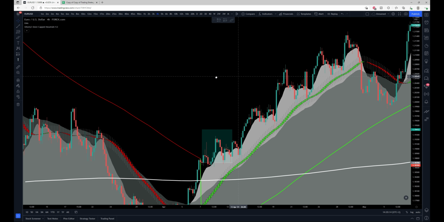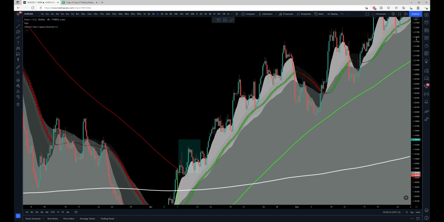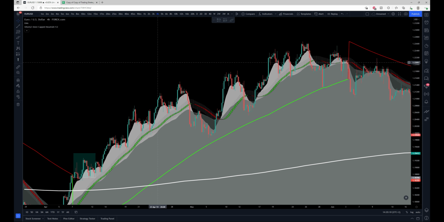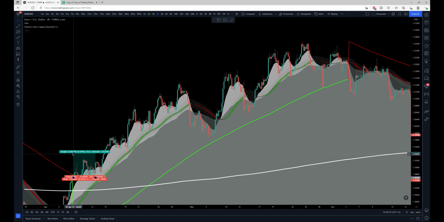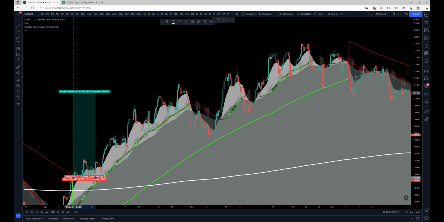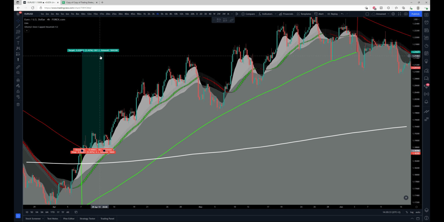And the extra part of the position that's still open is only going to be closed when the trend signals a change. So we get the red indication, and that would be way up here. So with this one, the second half would be closed all the way up here. And that's the strategy that I'm going to be testing 100 times.